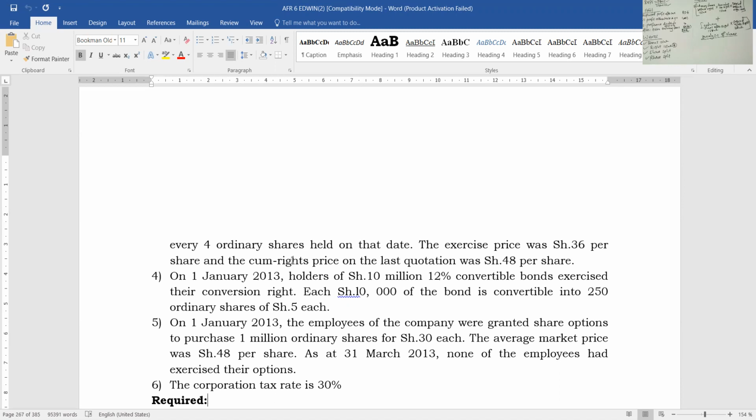The exercise price was 36 per share, and the cum-rights price on the last quotation was 48.